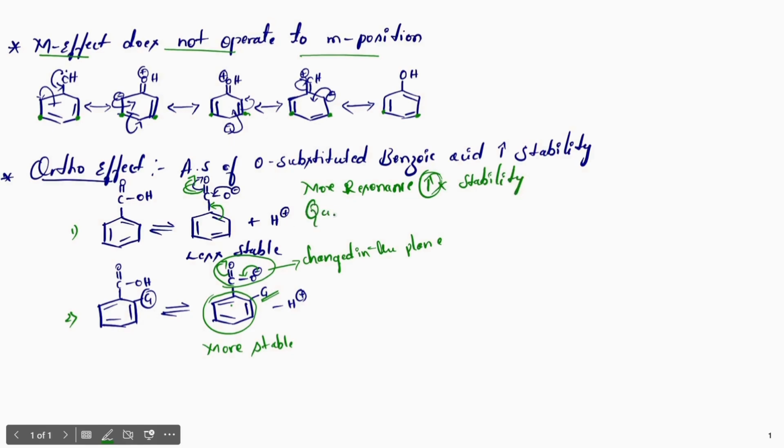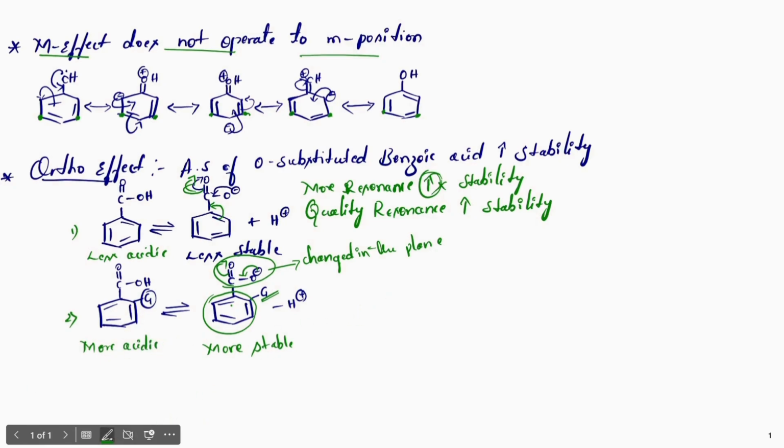Instead, quality resonance increases the stability. Therefore, here this is less acidic, and the second one is more acidic. That is due to ortho effect.